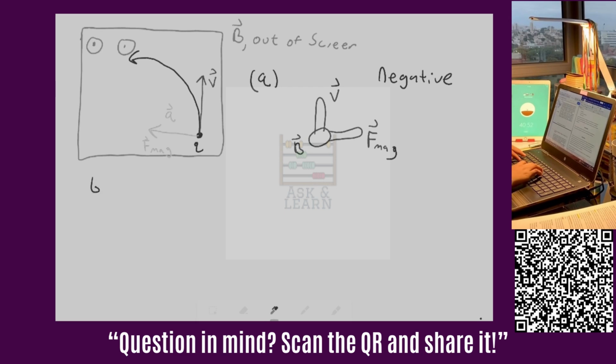Now, the next part of this question is asking for the mass of this particle, and it gives us all the other information we need to relate the qualities of this particle and the magnetic field to the circular motion. So remember that the radius of a circular path is given by the mass of a particle multiplied by its speed, divided by the charge of that particle and the magnitude of the magnetic field through which the particle is traveling.